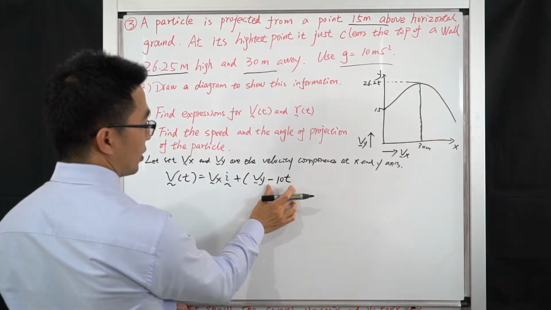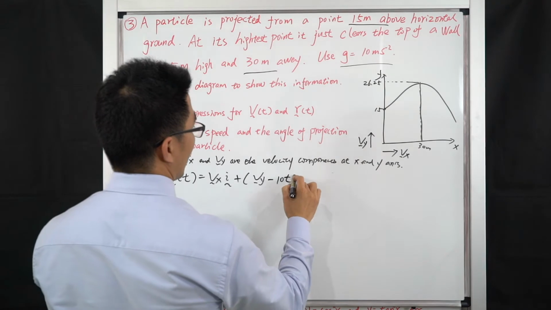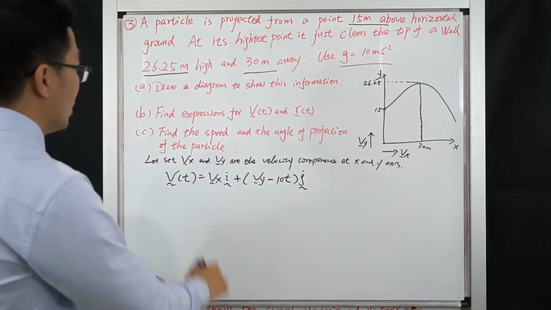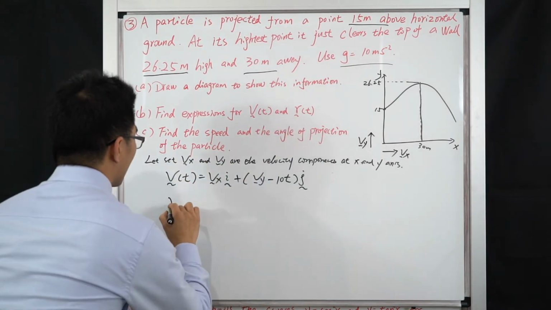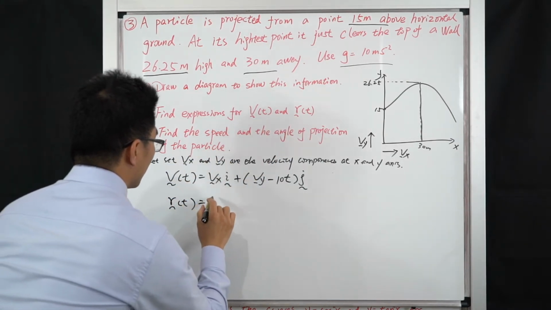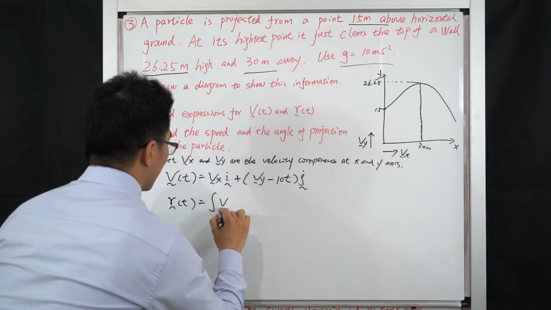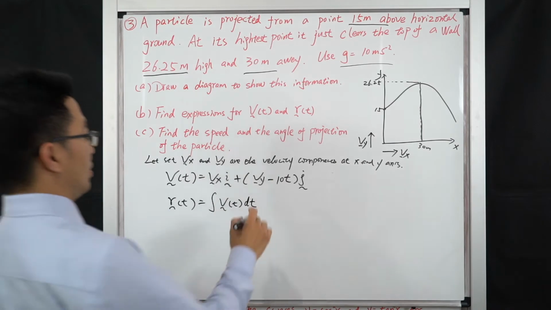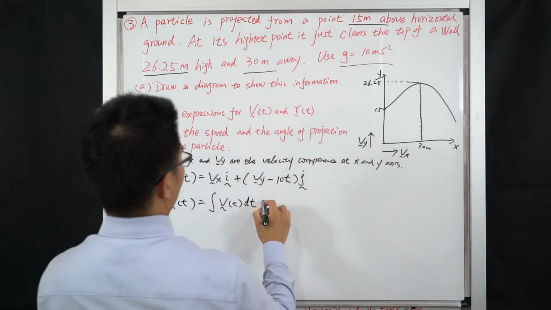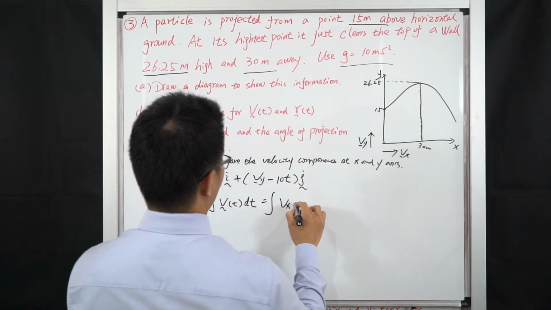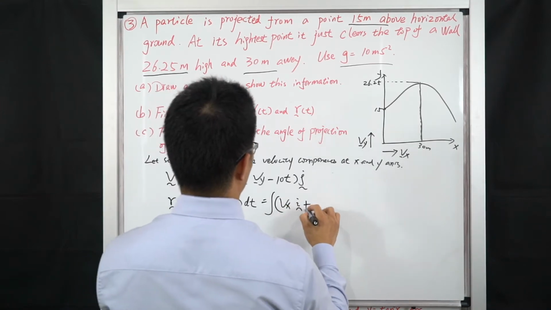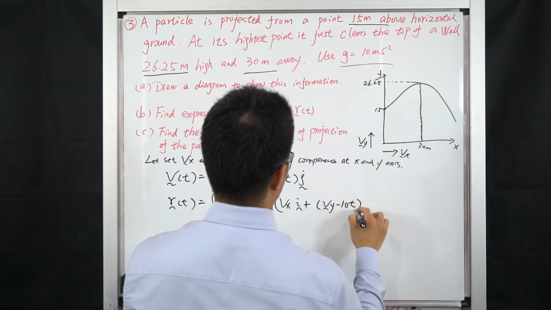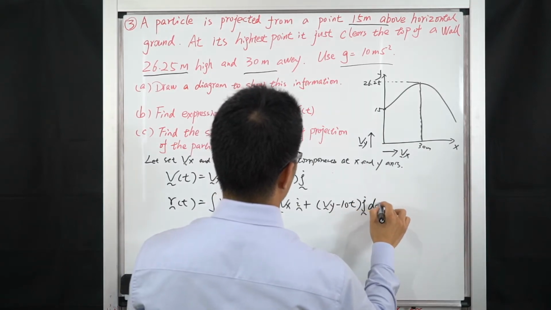So here the j component comes from the gravitational force. Then r(t), the displacement, equals the integration of the velocity with respect to t, so the integration of vx i plus (vy minus 10t) j dt.